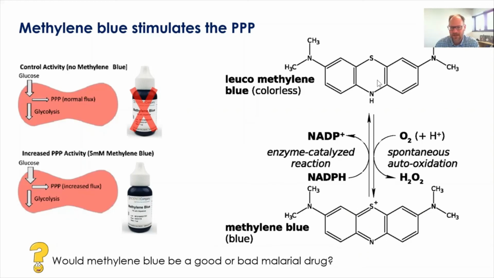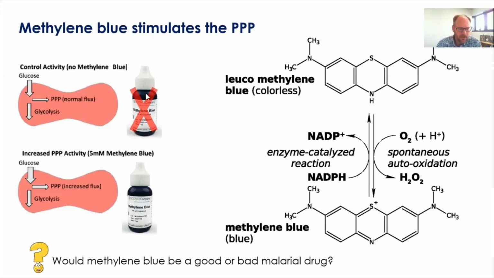So it's got this addition and loss of a hydride that changes it from the colorless to the blue form. Anyway, this thing acts as a direct electron acceptor from NADPH. So NADPH can dump its electrons directly onto this blue version of the molecule and make the colorless version of it. And so this, as it turns out, is a really potent stimulator of the pentose phosphate pathway.